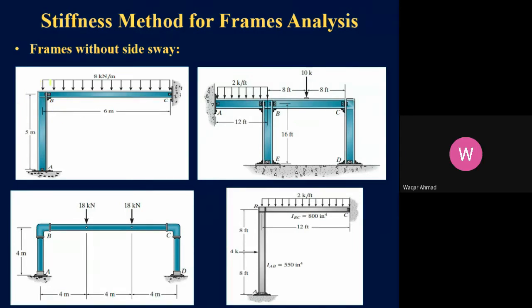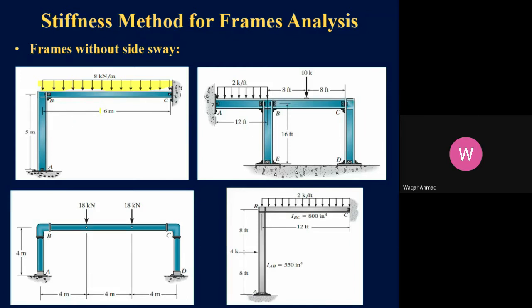Also, there is symmetry in the loading. You see this load is symmetrical. So there is no unsymmetry present in loading. None of those conditions is fulfilled here. So that's why this frame is called a non-sway frame.